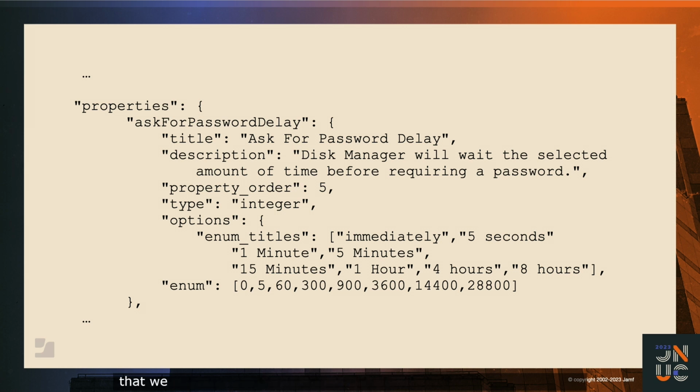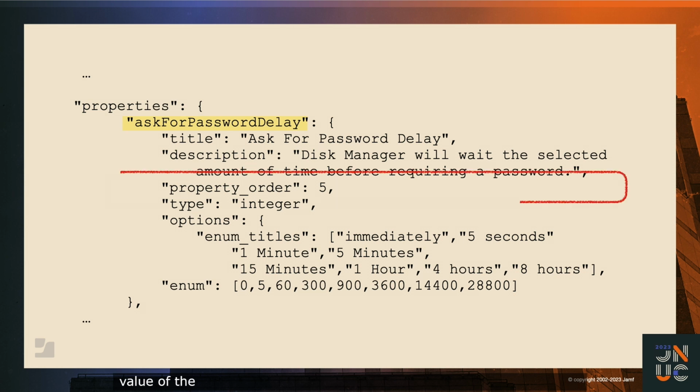The first property I'm going to put in here is called Ask for Password Delay. Now, this is the name that would correspond to the key in the plist. Everything else is a single object which has multiple nested properties, and this is helping us set the value of the Ask for Password Delay key. It too has a title and a description, plus a few more items that describe this object.